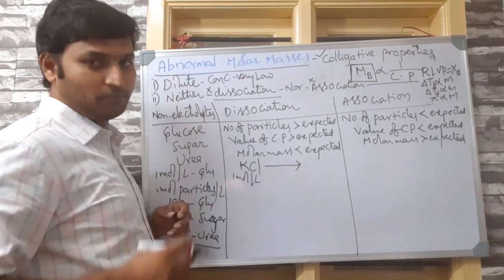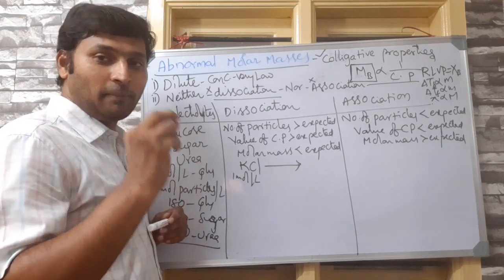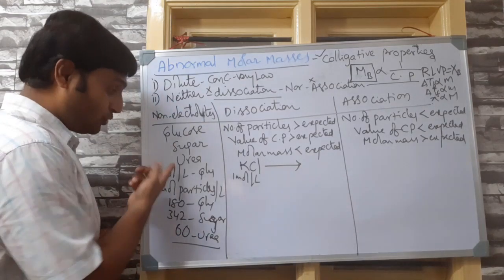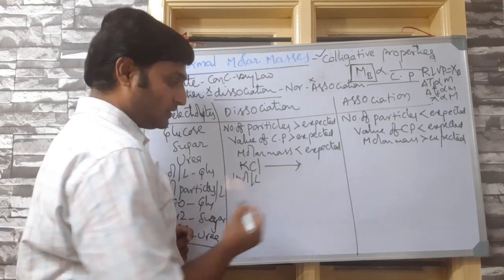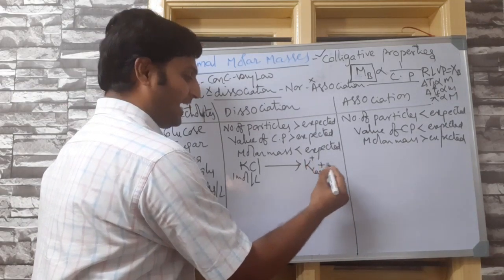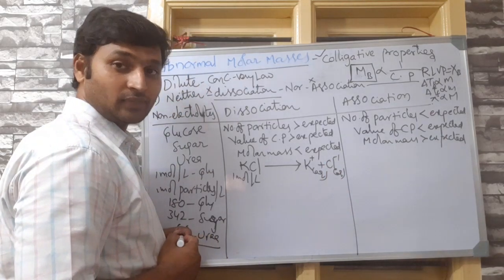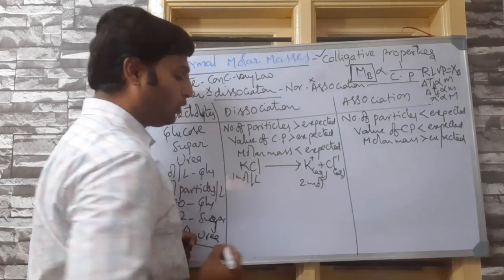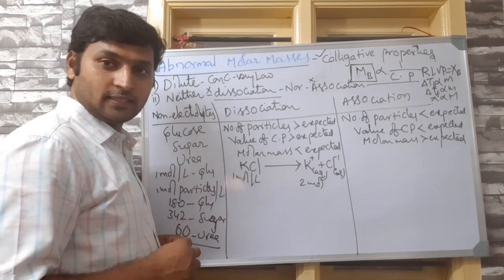So I expect 6.023 × 10^23 independent particles, and that will happen in the case of glucose, urea, sugar, etc. Whereas in the case of potassium chloride, it breaks into 2 independent particles, aqueous potassium cation and aqueous chloride anion. As a result, there is every chance I end up getting 2 moles of particles.